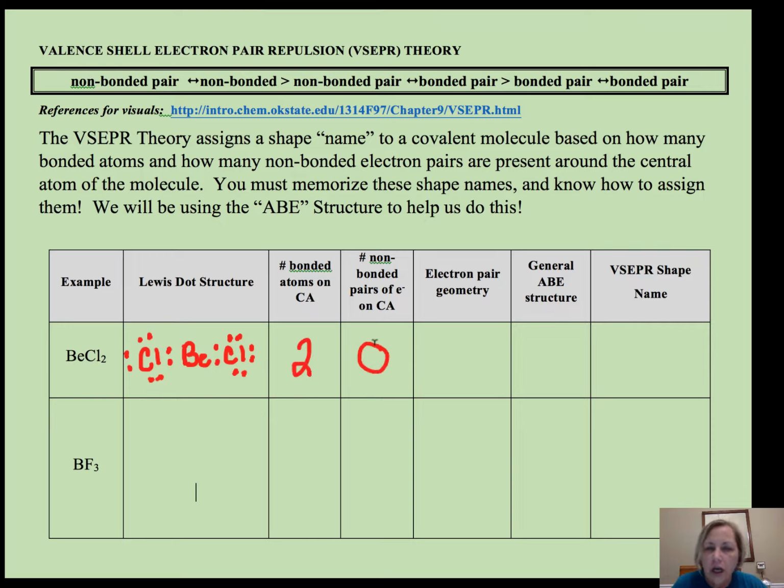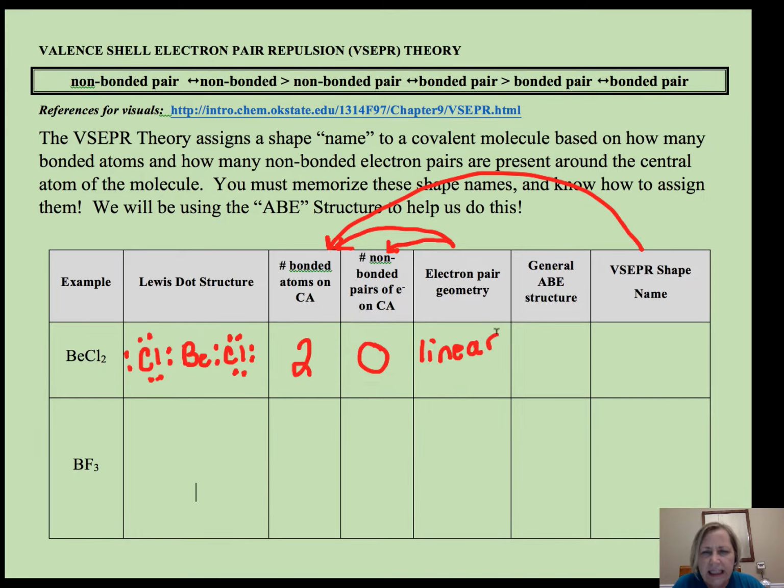There are no non-bonded pairs. This electron pair geometry counts both the bonded and non-bonded in the description, whereas when we talk about our VSEPR shape, it counts only the bonded atoms. So this would be linear.